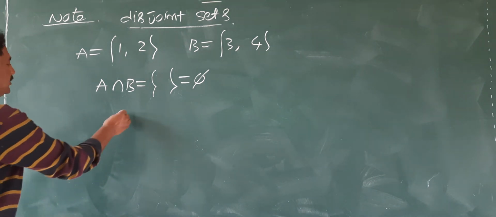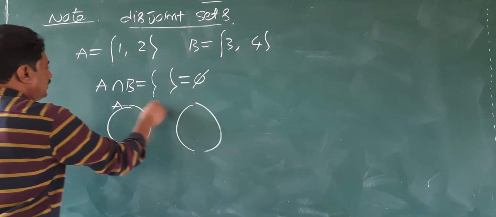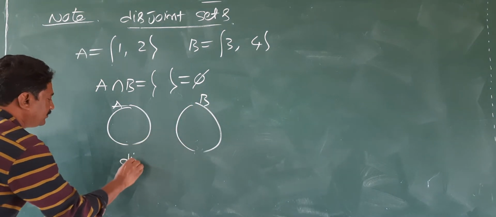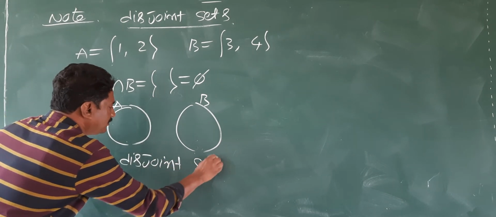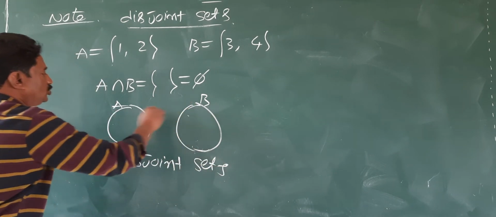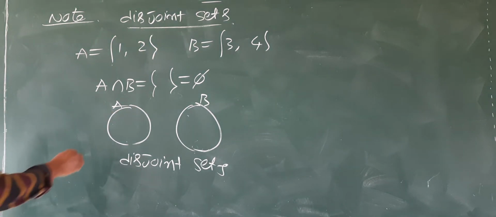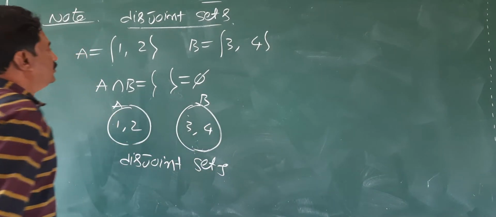Completely disjoint. Set A contains 1, 2, and set B contains 3, 4.